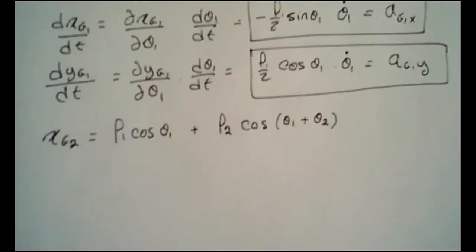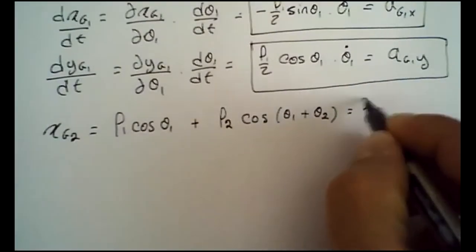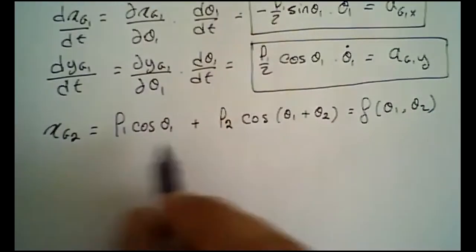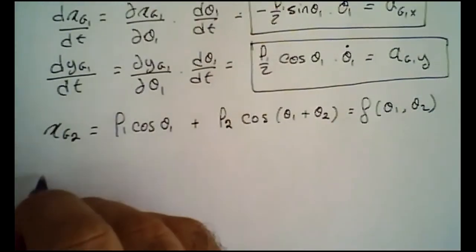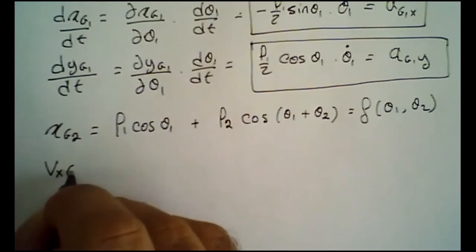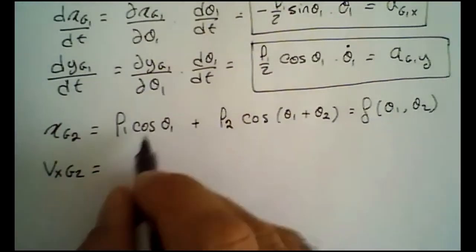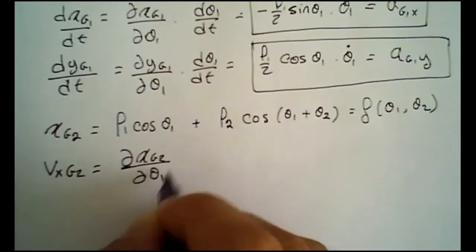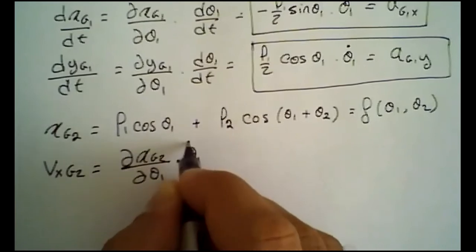This is a function of theta 1 and theta 2. So if I were to find the velocity here, VxG2, when I differentiate, it is dxG2 with respect to theta 1 multiplied by theta 1 prime.